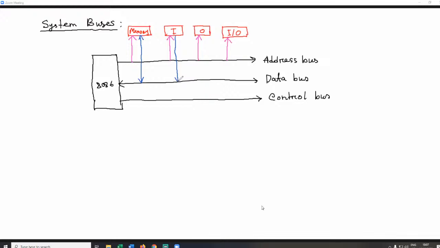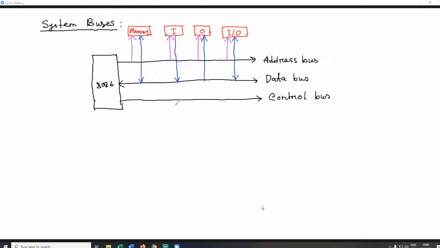Input will send data, right? Now when you go to the output, what will be the direction here? It will be like this, so it will be the output. Then when you go to the input output, it will be something like this.